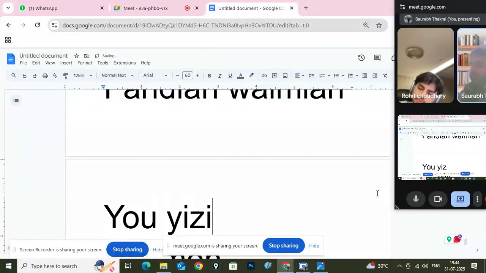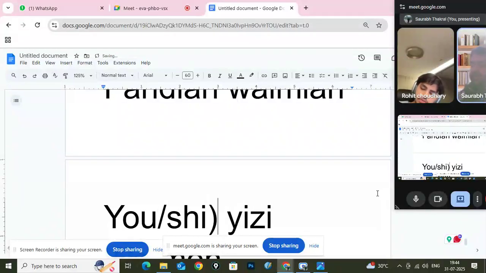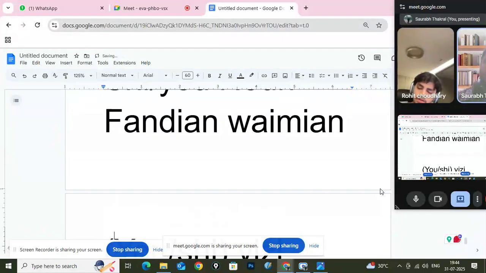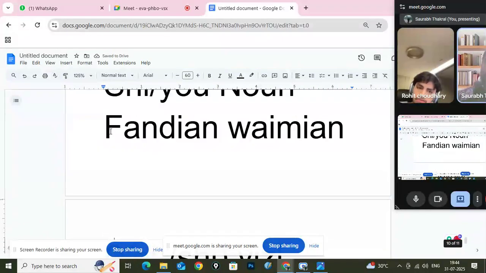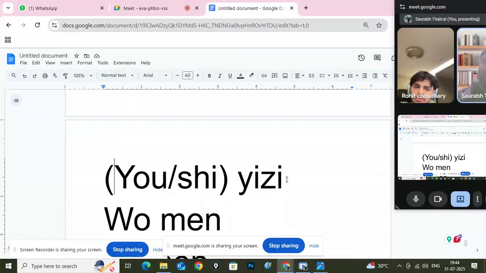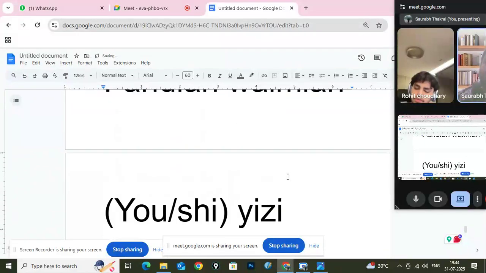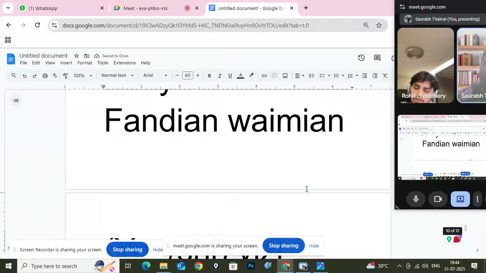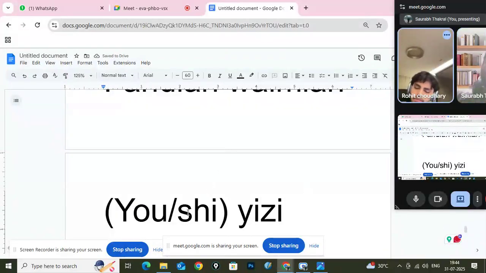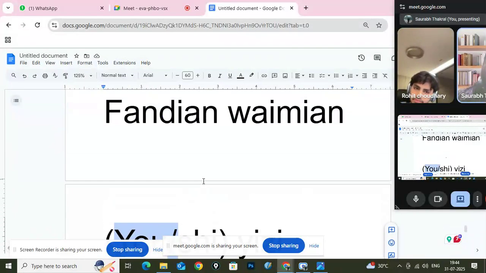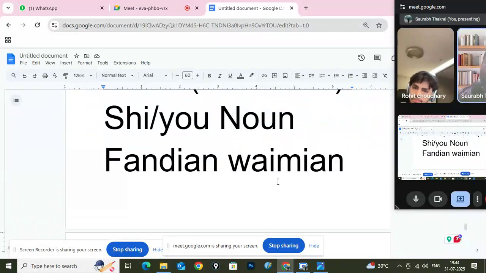Yo eats. We can also use shra here. If we use shra here, there is a slight difference in the translation, a minor difference, although it means the same. When we say yo, Fantian Bayamian yo eats, this would be translated as there are tables outside the restaurant. And when we use shra, it would be translated as outside the restaurant, there are chairs.